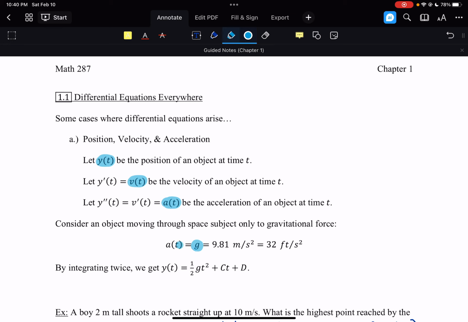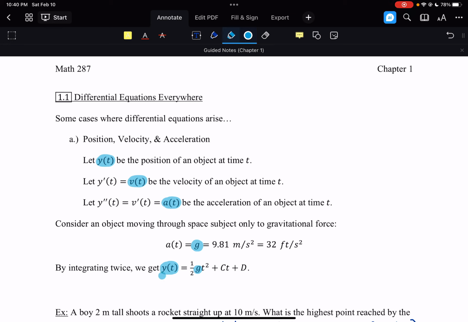If we were to take this gravity acceleration formula and integrate it twice, we would get this formula for y of t, the position of an object subject to gravity. And we've substituted out the specific number for gravity with g, just so that we could transpose this into either meters or feet, depending on the context.